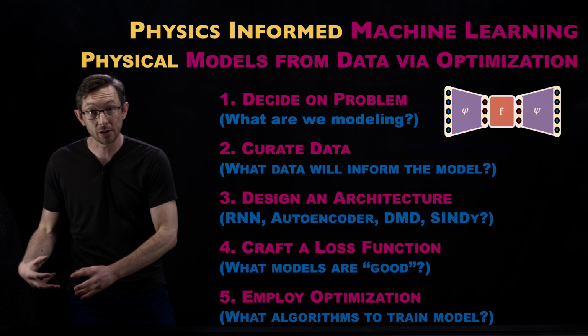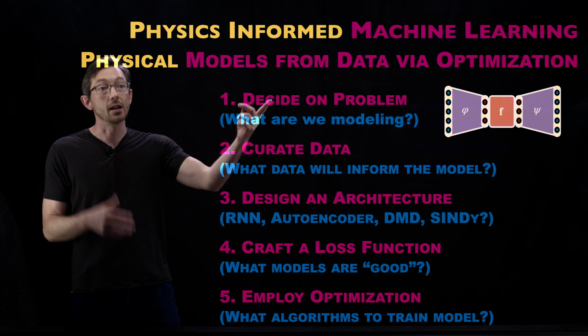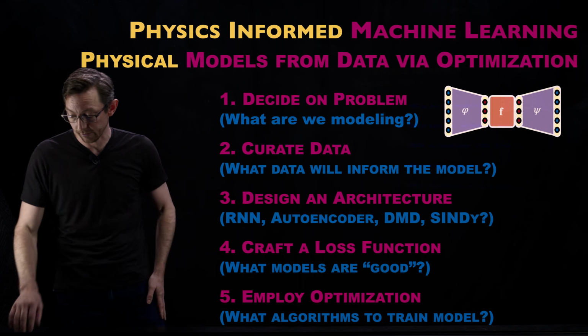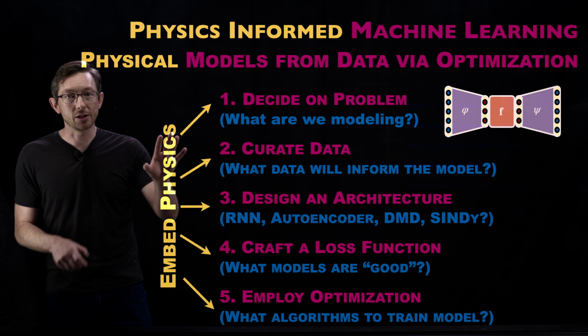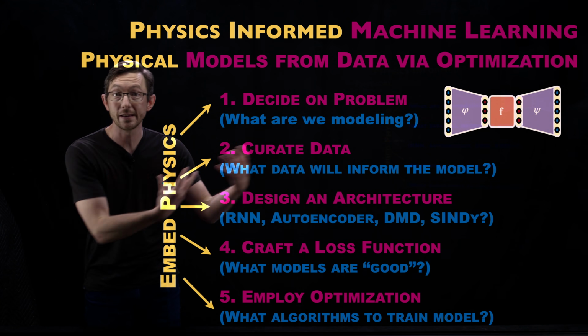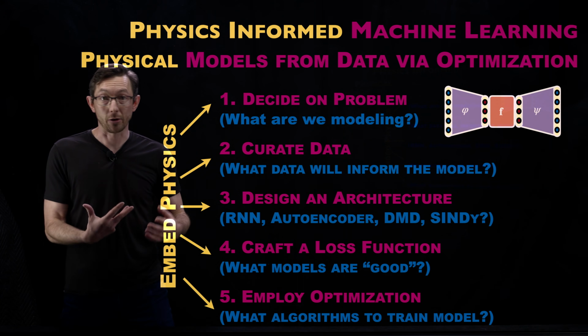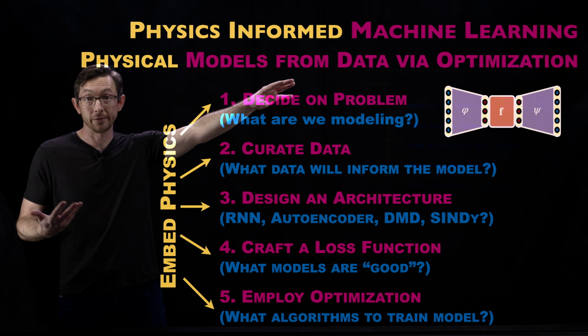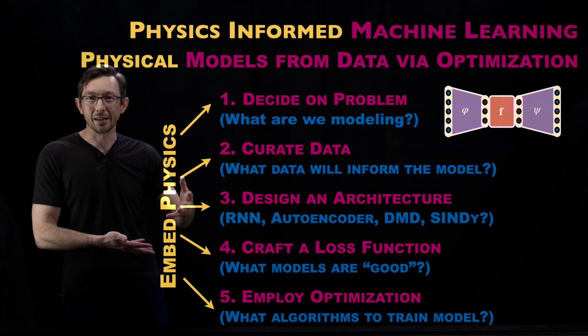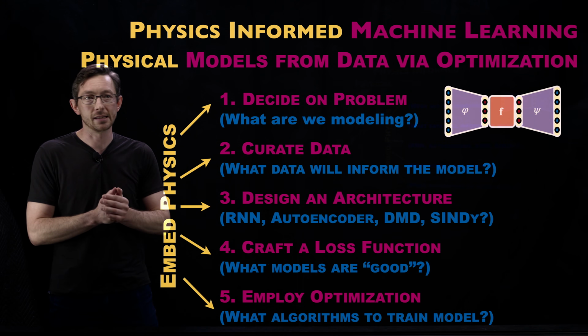And if you get a sufficiently small loss function, hopefully you're solving the problem you set out to solve. And it's a useful model. And again, at every stage here, there's an opportunity to embed physics into the process. So inherently, by choosing to model something physical, like lift on a wing, we're already embedding some notion of physics into that problem.